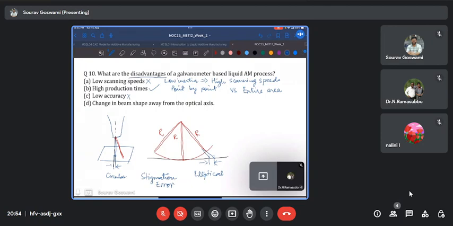When it is deflected to far regions, far away from the optical axis, the profile of the spot will not be circular as it was near the optical axis itself. So the change in beam shape away from the optical axis is a definite disadvantage. Thus, B and D are the correct options.